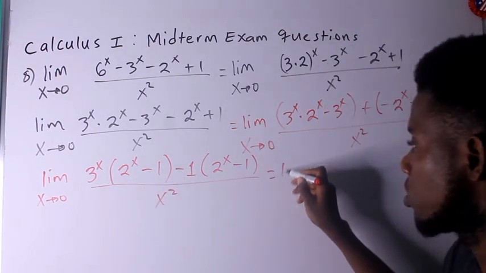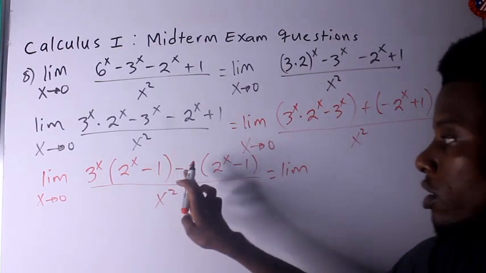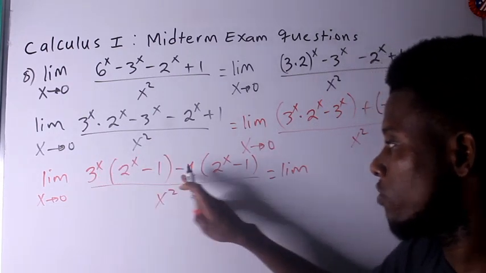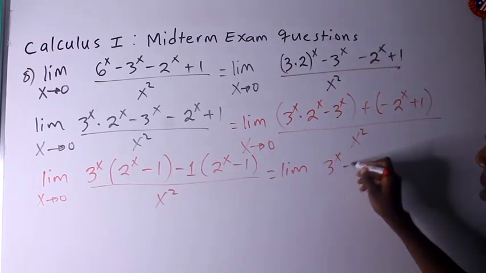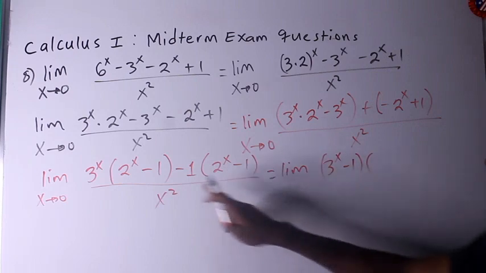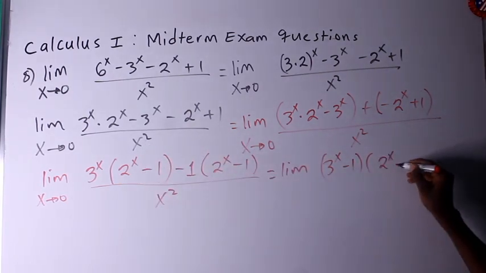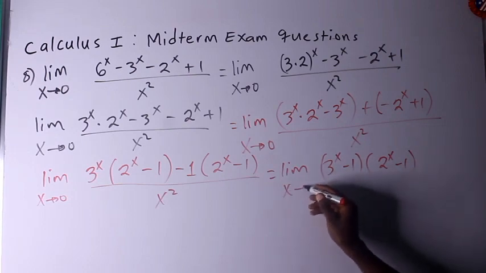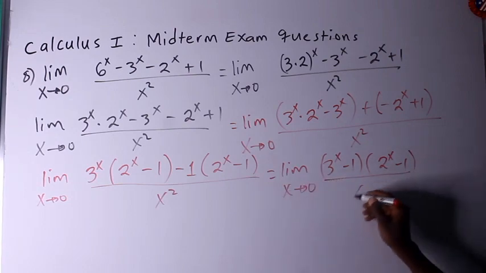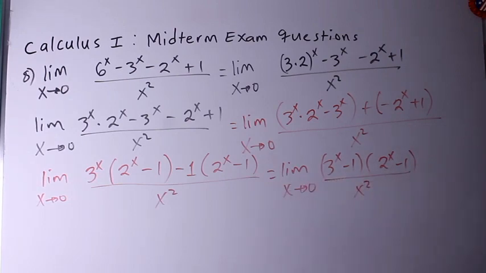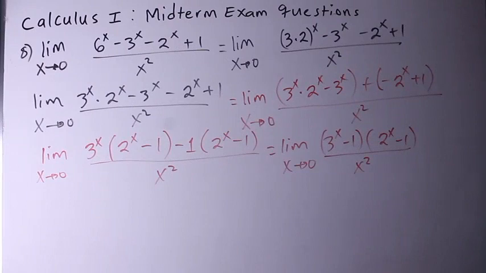So this will be equal to the limit. I can now group 3 raised to the power of x minus 1, and then I group 2 raised to the power of x minus 1 as x approaches 0, all divided by x squared. So once I do that, the next thing I'm going to do is to distribute that x squared under each of the expressions there.